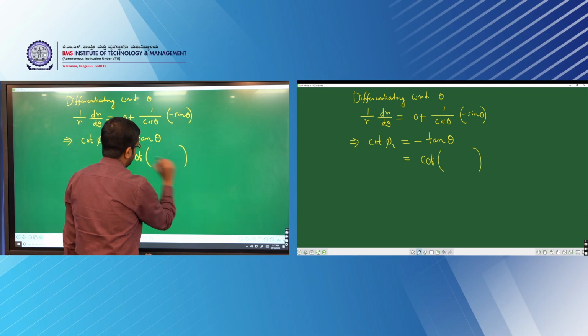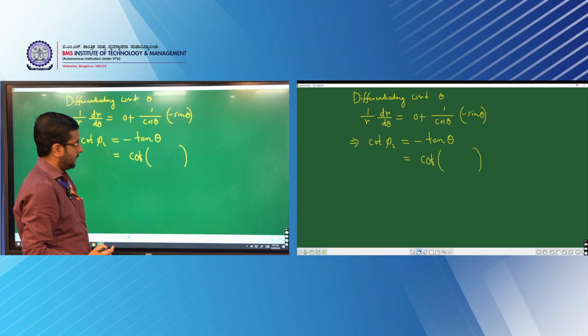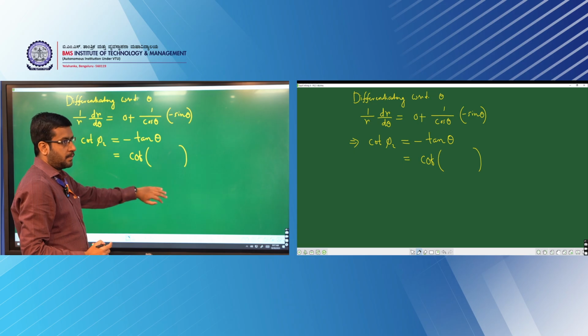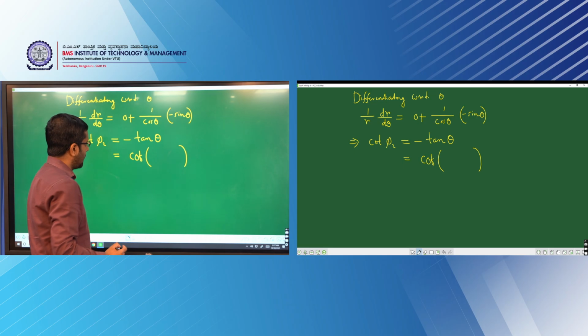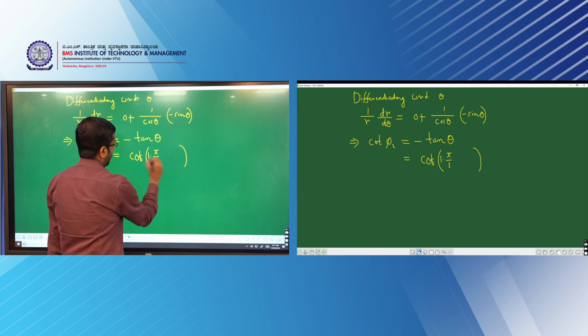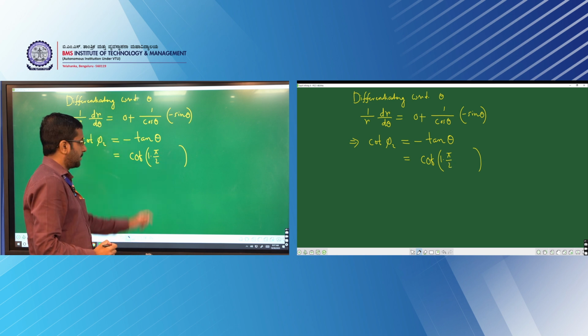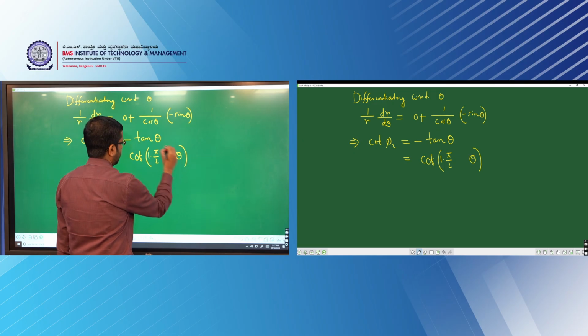Now, how to write? Remember students, when we are going from tan to cot, or sin to cos, or vice versa, cos to sin or cot to tan, we have to take an odd multiple of pi by 2. So, 1 into pi by 2, odd multiple means here I am taking 1 into pi by 2. Here this same angle theta will come.